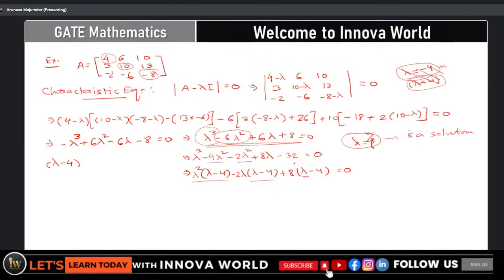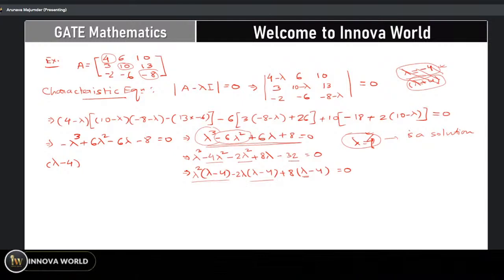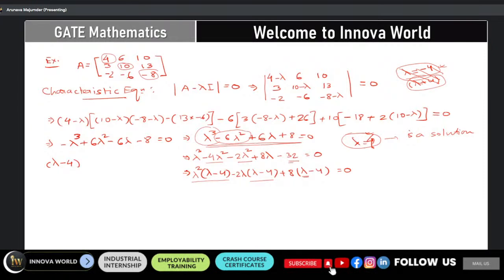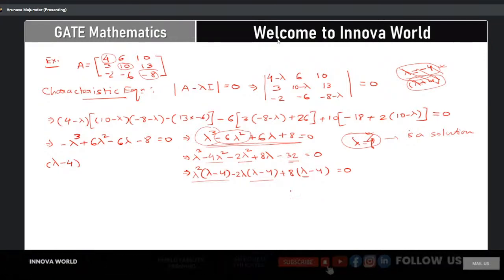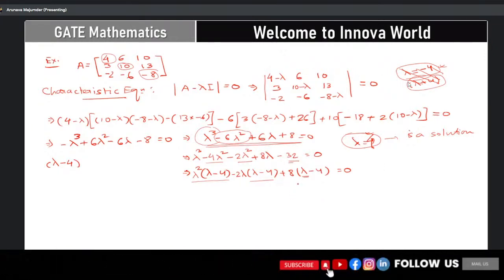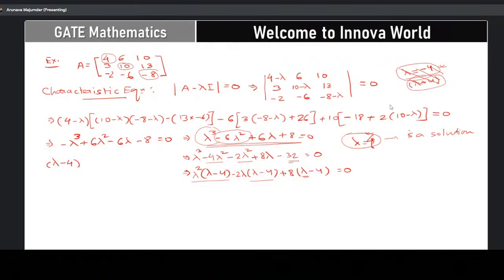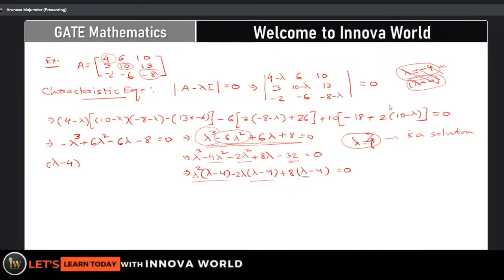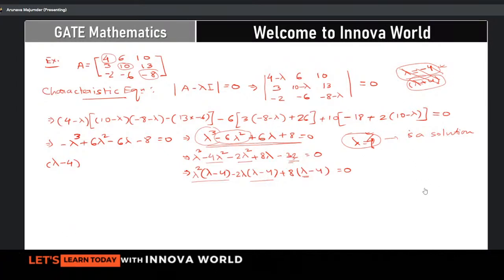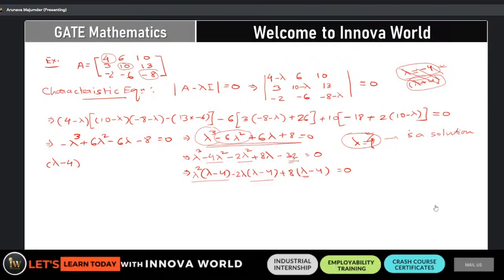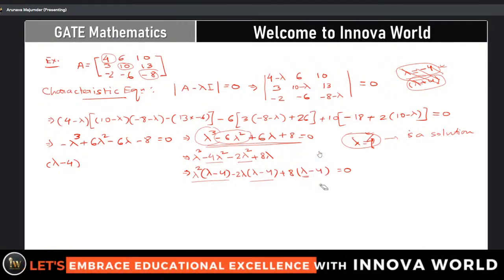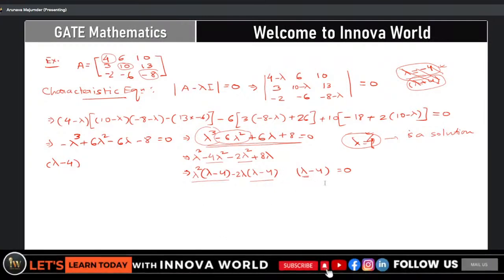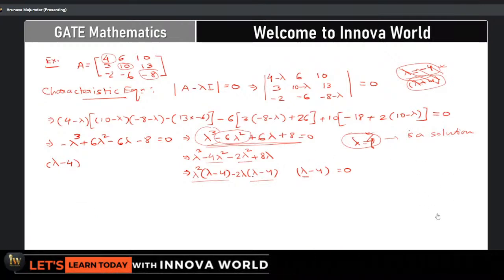I think there is some mistake there. Sorry, this one mistake is there. Okay, so it is 8 lambda.